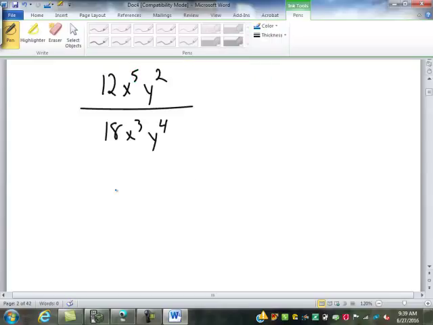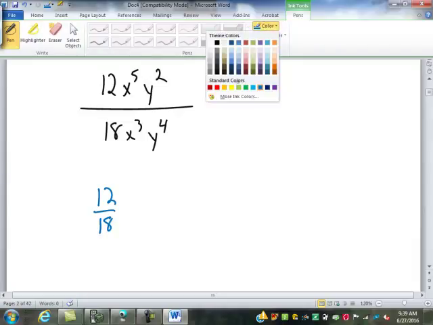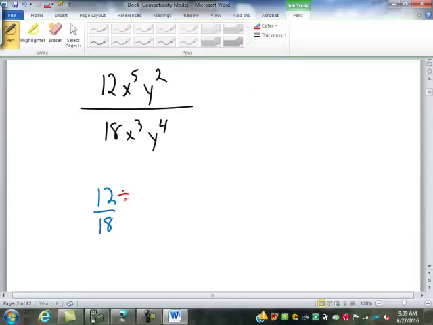So here, if I reduce, now notice I'm just pulling the numbers out and working with them without the variables, which always seems to work easiest for me. If I want to reduce the 12 over the 18, what can both of those be divided by? 4 does not go into 18. 3 will go into both. 12 divided by 3 is 4. 18 divided by 3 is 6.